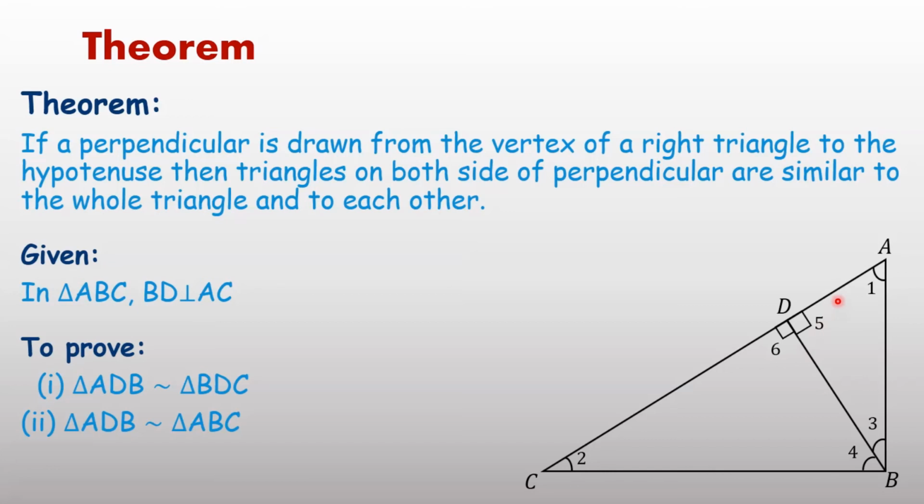One triangle ADB is similar to the second triangle BDC. Second part, ADB is similar to the whole triangle ABC. And third part, BDC is also similar to the whole triangle ABC. Means these two triangles are similar to each other and also similar to the whole triangle.